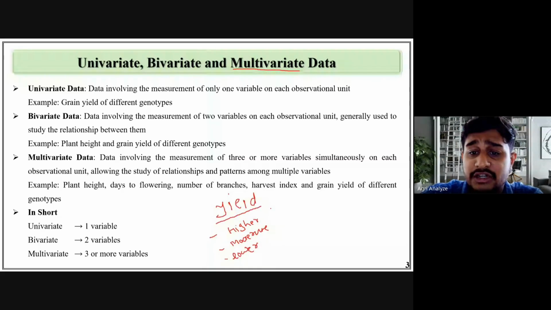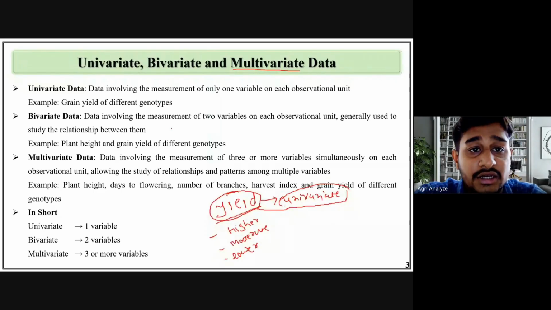So here we cover only a single variable at a time. That's why it is univariate data.